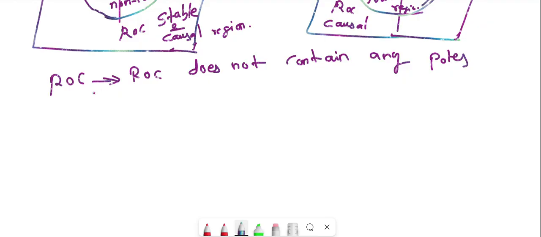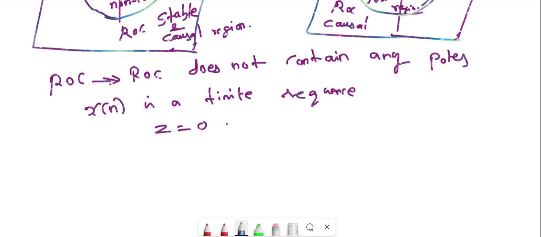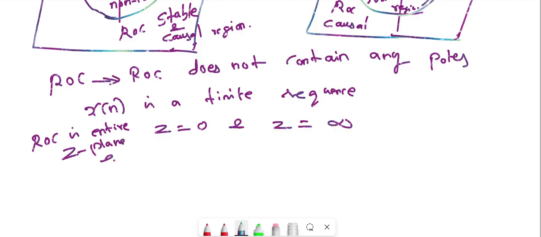If x of n is a finite sequence, then the ROC will be the entire z plane except z equal to 0 and z equal to infinity.